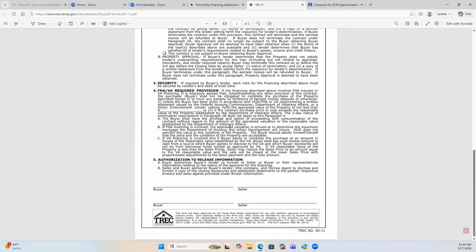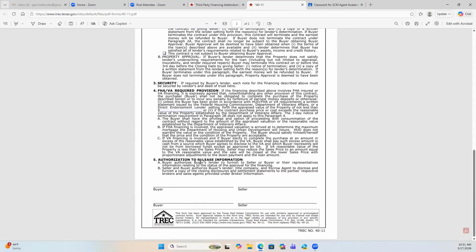So if that property does not appraise for the value of whatever the client is going to purchase the home for, then now the client has another way out of that contract. We are not obligated to fulfill the contract because the house did not appraise. For example, if I'm going to pay $100,000 for the house, but the appraisal comes in at $80,000 and I have an FHA or a VA loan, this provision here protects me and now I can terminate due to that $20,000 gap.